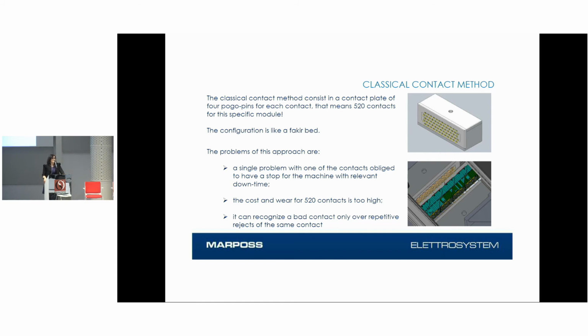There are some critical issues with this approach, because a problem with just one of the contacts obliges us to stop the whole line. So we have to stop the machine for changing just one contact.